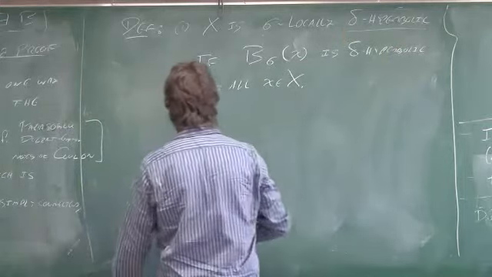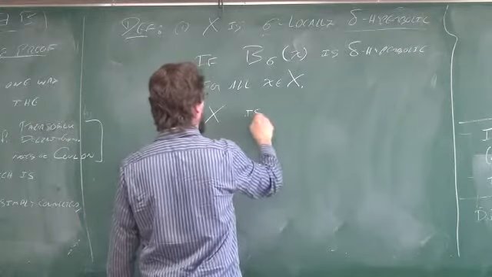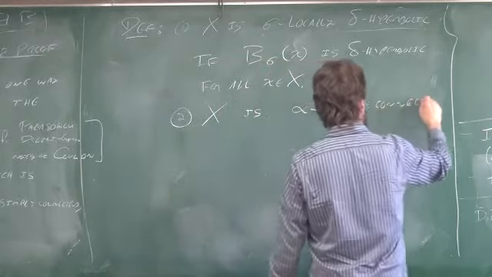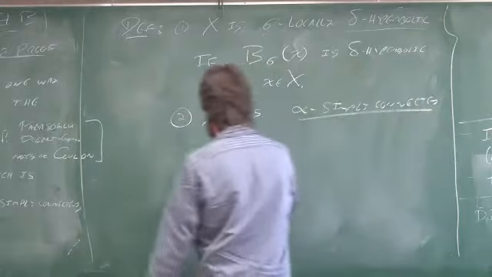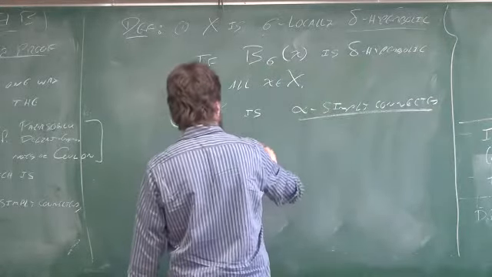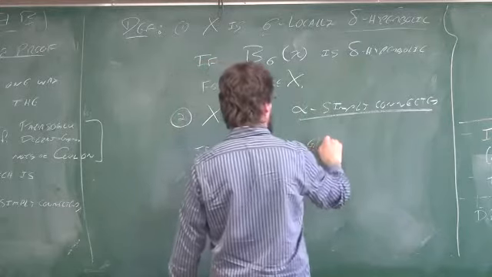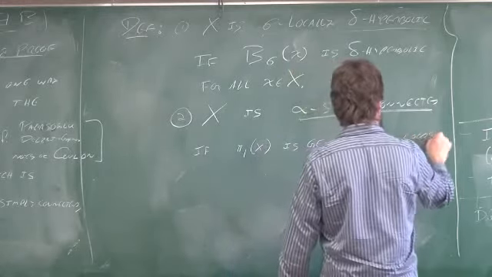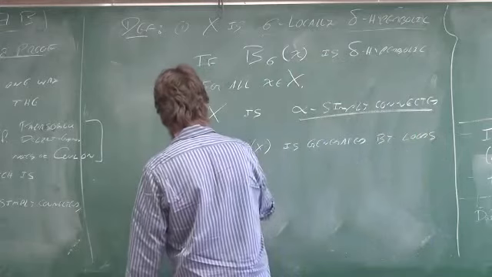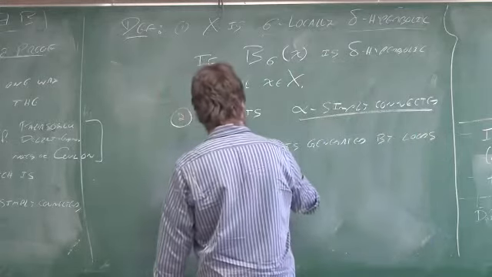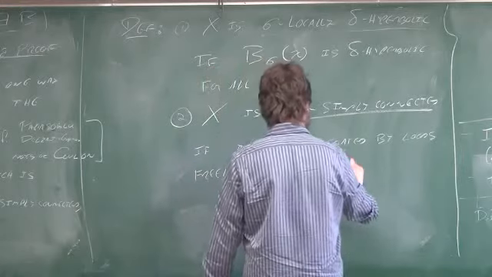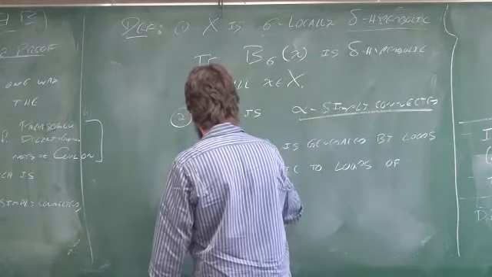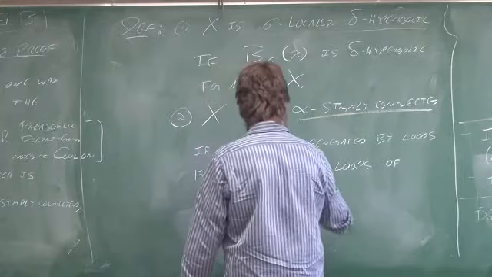And then what does this mean, simply connected? So X is alpha simply connected if the fundamental group of X is generated by loops freely homotopic to maybe other loops of diameter less than or equal to alpha.